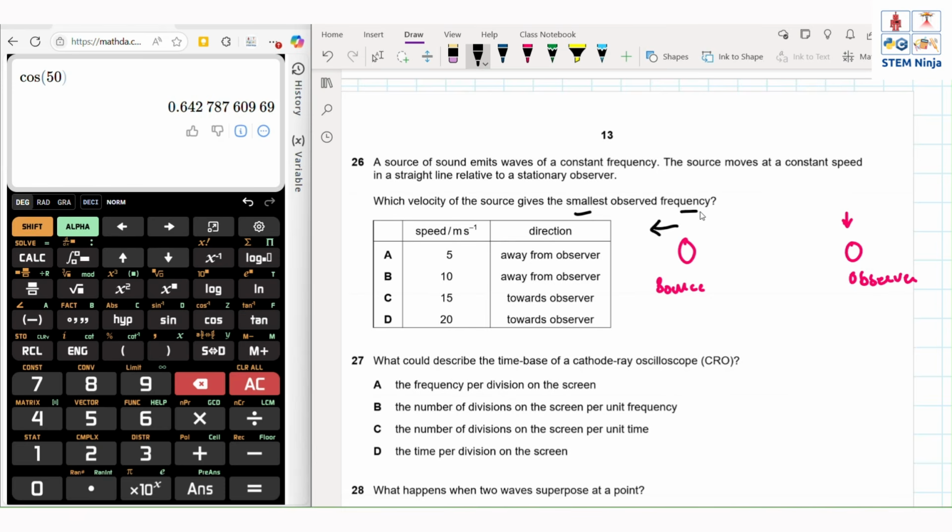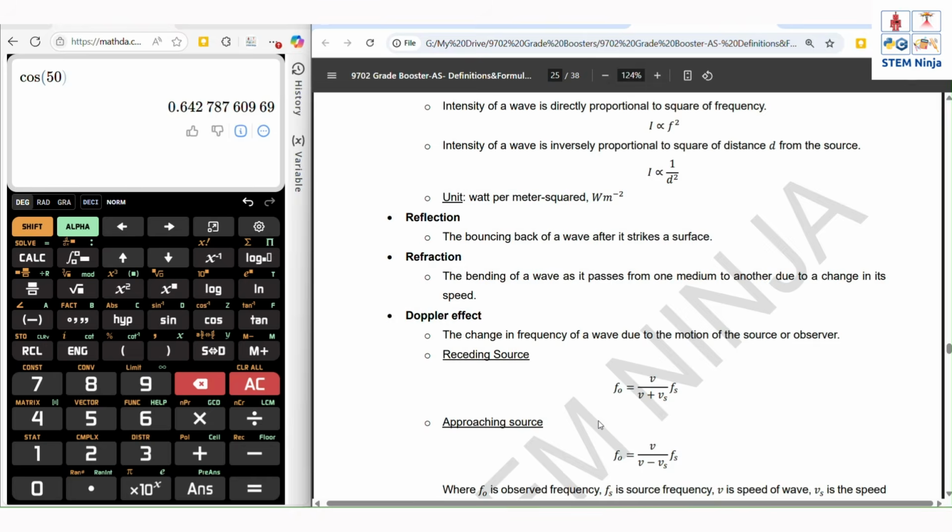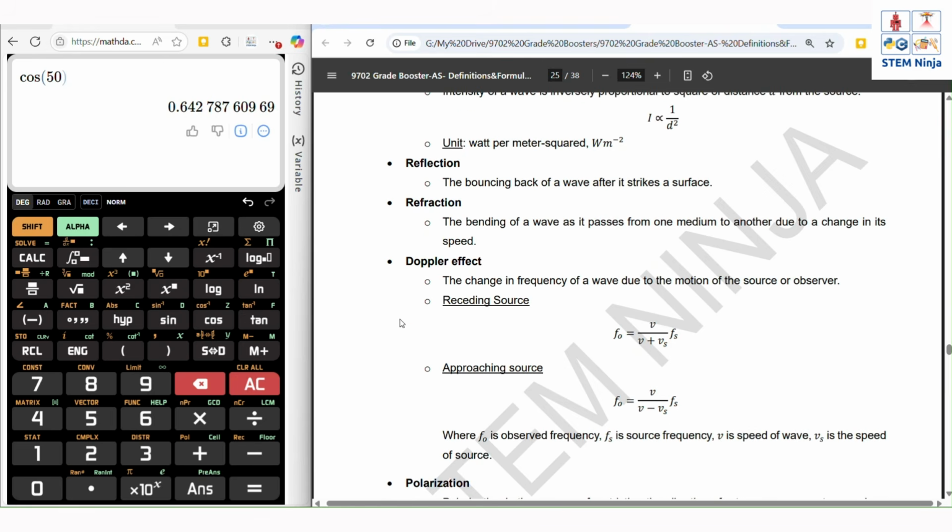We need the smallest observed frequency, so we need the away from the observer. And the more the speed, the more reduced the frequency. So that's it. We can see the formula also. So the formula for that is v over v plus vs. Yes, this one, the receding source.